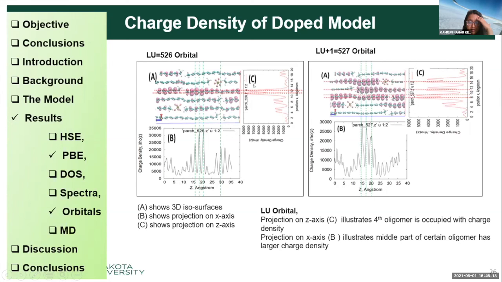We are able to see this one red line, and it shows the highest peak in the middle of the box in the Z direction. Similar things happened in the LUMO +1 as well. It shows the highest charge density in the middle of the box in both the Z and X directions.